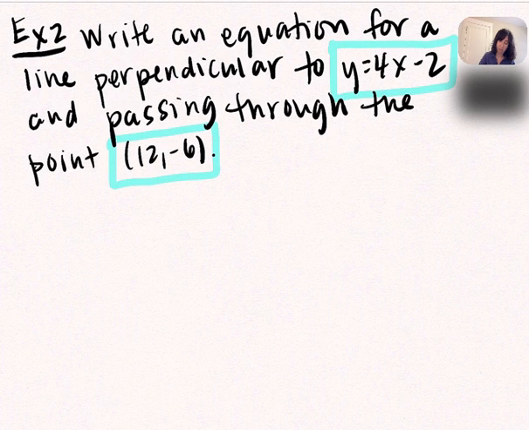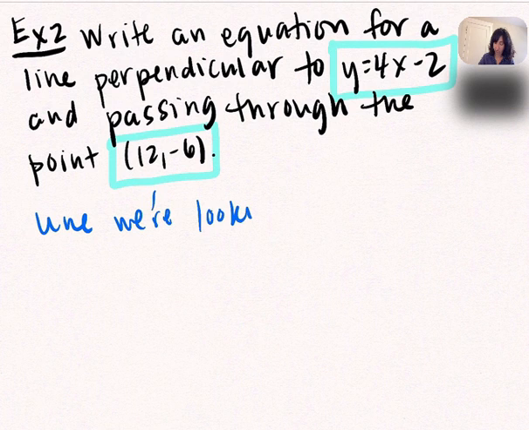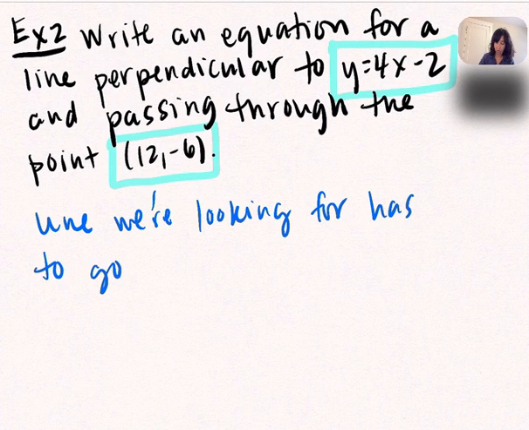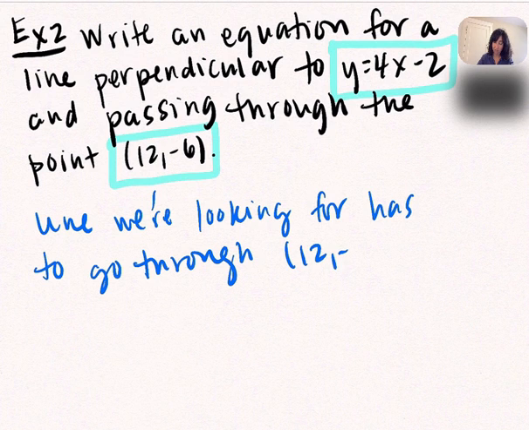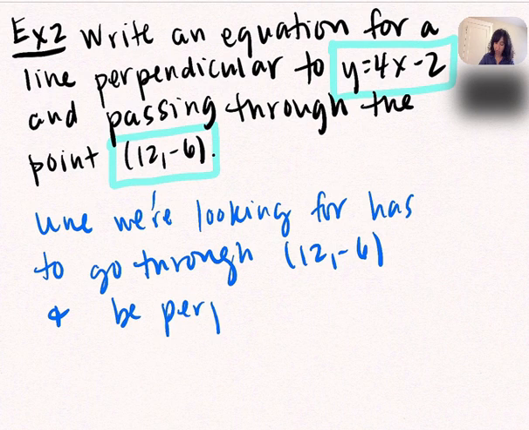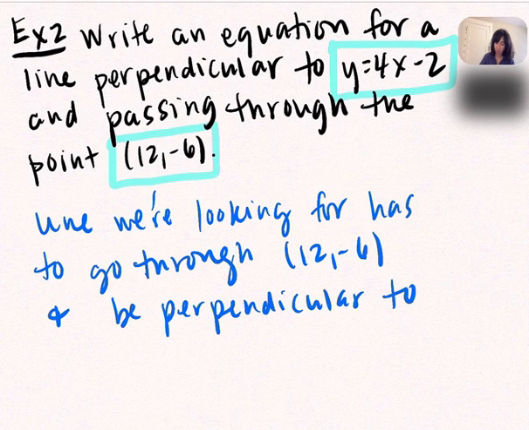So the line that we're looking for has to go through 12, -6 and be perpendicular to y equals 4x minus 2.